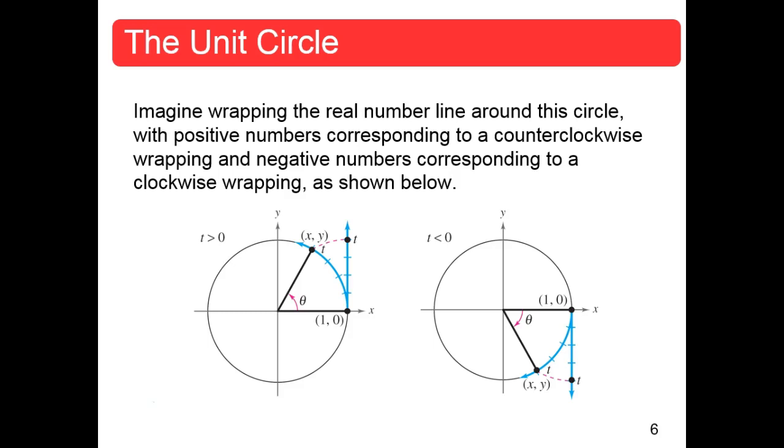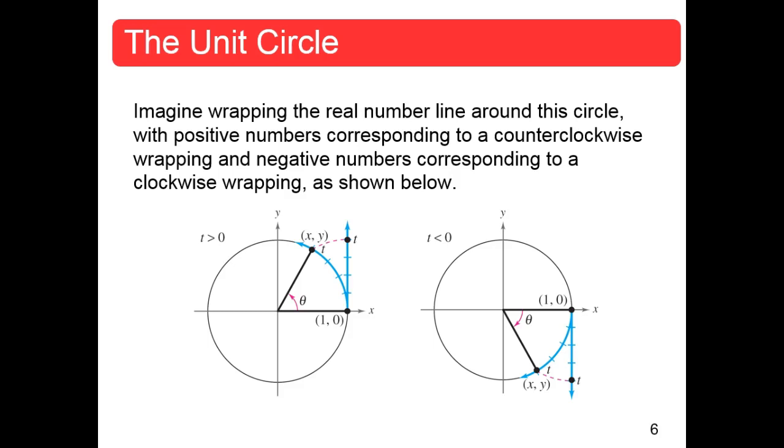Okay, and we know the angle is negative when you go clockwise, positive when you go counterclockwise. So basically, whatever angle you've got here corresponds to some length on that real number line that you've wrapped around the circle. Okay? You've actually made it part of the arc. So, every angle theta corresponds to one and only one value on the real number line. Okay?